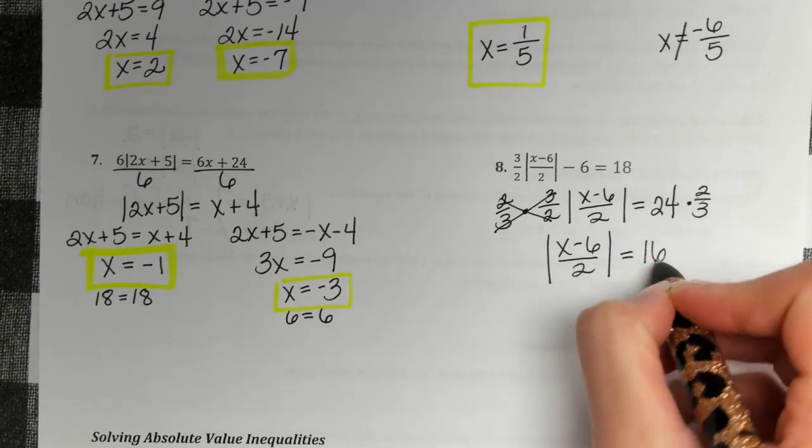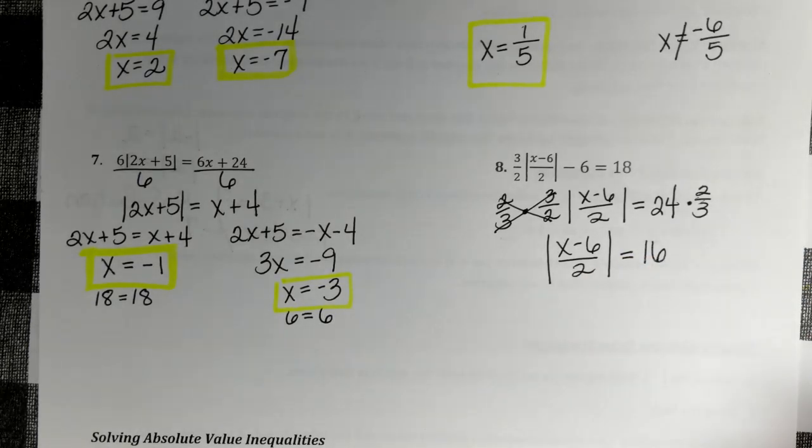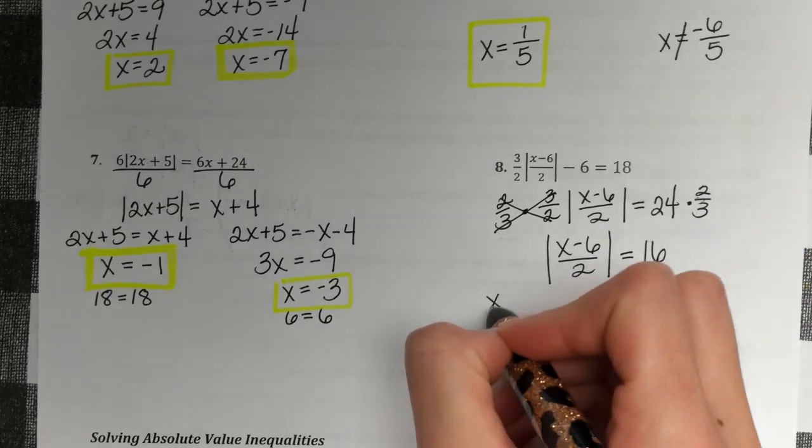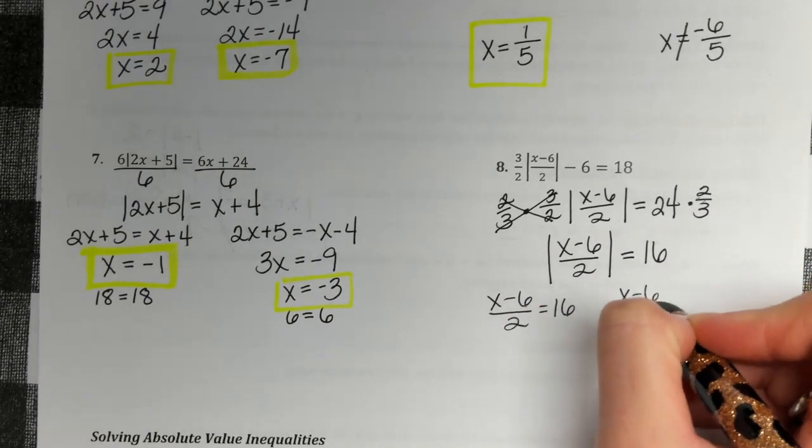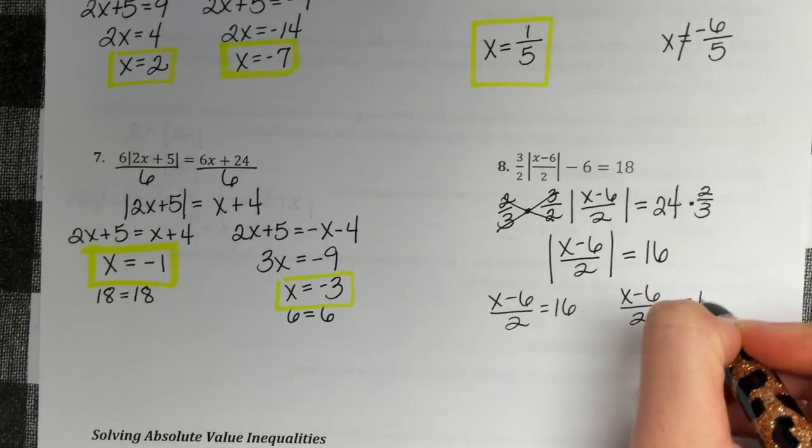So you should have 16. 24 times 2/3. And then x minus 6 over 2 equals 16. X minus 6 over 2 equals negative 16.